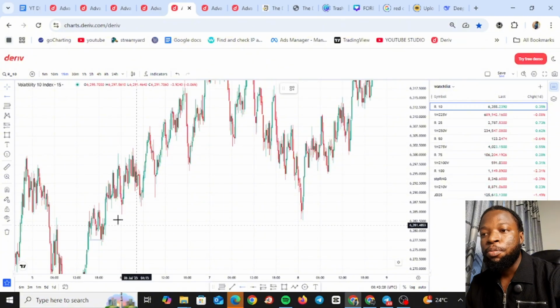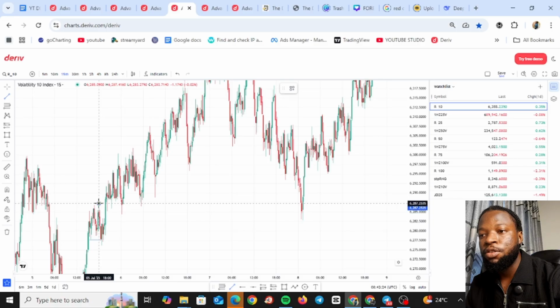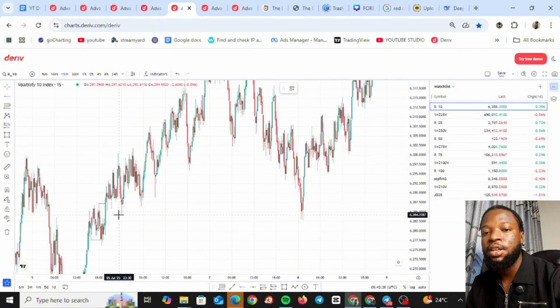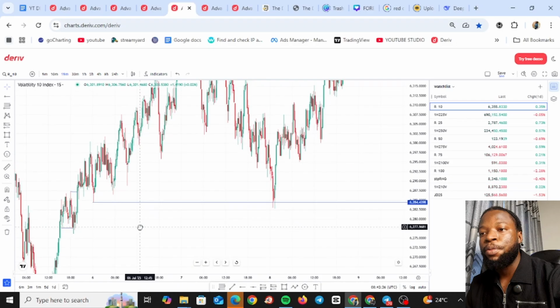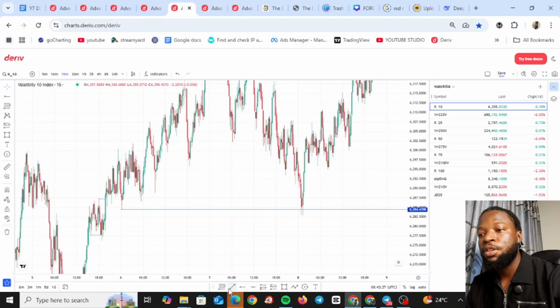Then price gives us our first break of structure, which is this, to the opposite direction. And what else? Price retraced back 50% to give us our newly created liquidity. Then price broke another structure to the opposite direction, giving us our second break of structure, making this an A plus setup.